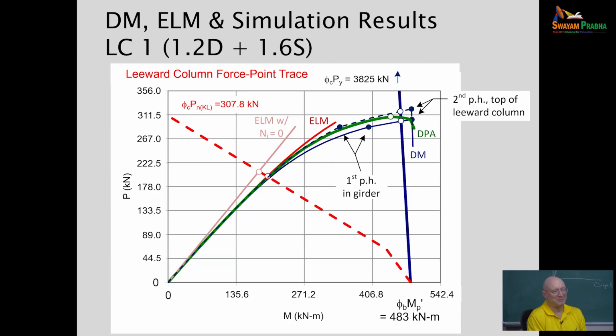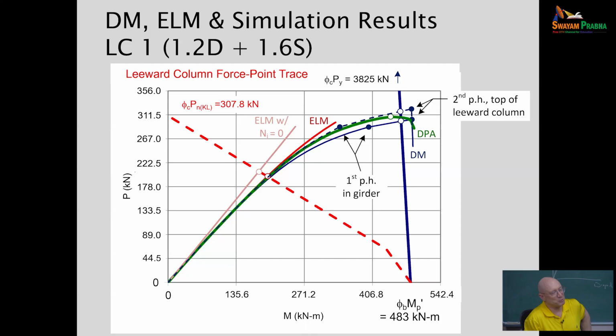We don't go beyond reaching the capacity of the most critically loaded member. And with the notional load on here, it's a little bit smaller because of the notional load effects. So it's a bit rambling to explain what's going on with that, but that's what that's doing.